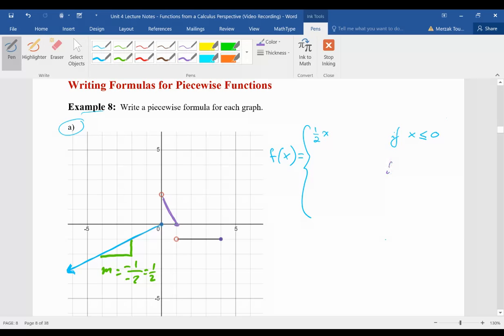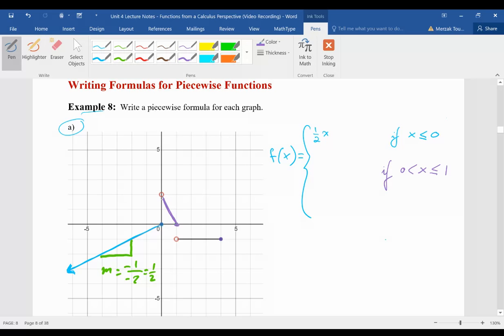So we say if 0 is less than x and x is less than or equal to 1. It goes from 0 not included to 1 included. Then what is the equation of this line segment? Well, obviously we need the slope and the y-intercept.